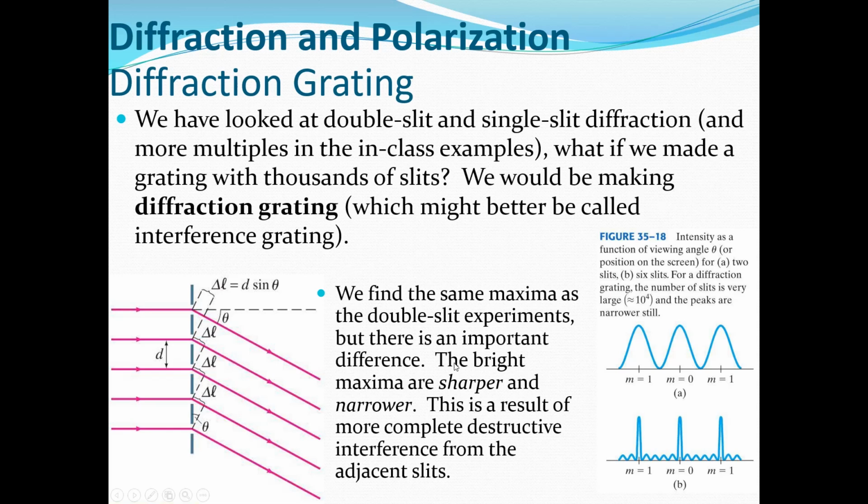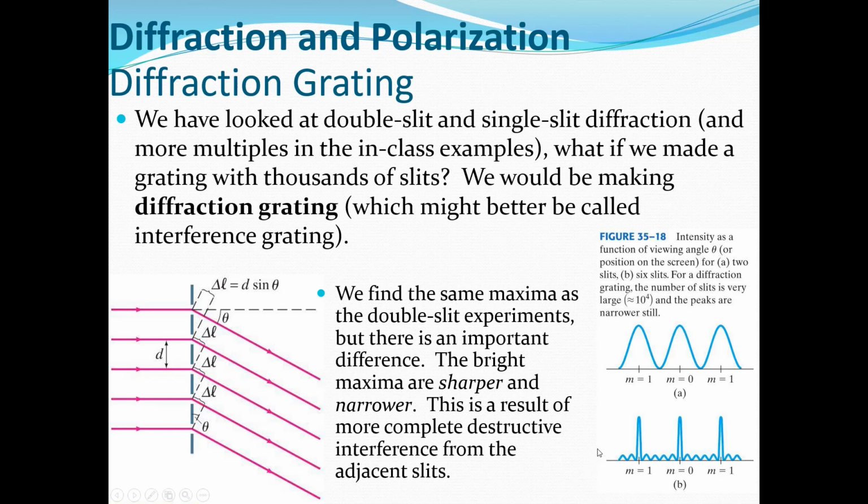But as we get more and more slits involved, hundreds or thousands of slits, the peaks become much sharper. Of course, we still get a little bit of constructive interference, because while some of the waves may be destructively interfering with each other and not producing much of a wave, there will be some that are constructively interfering.